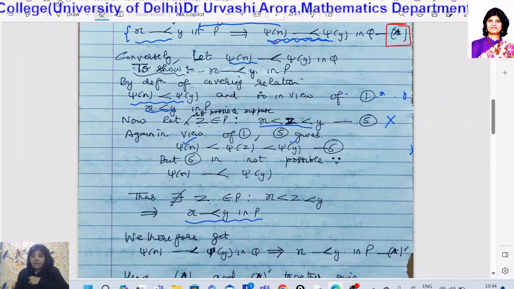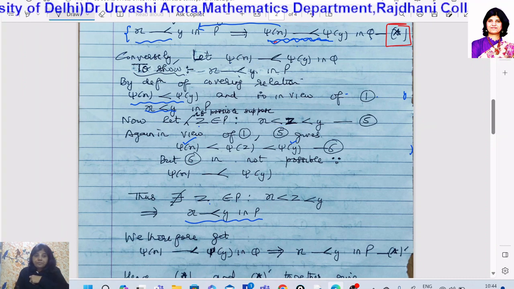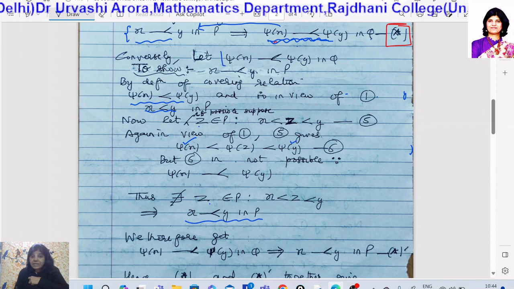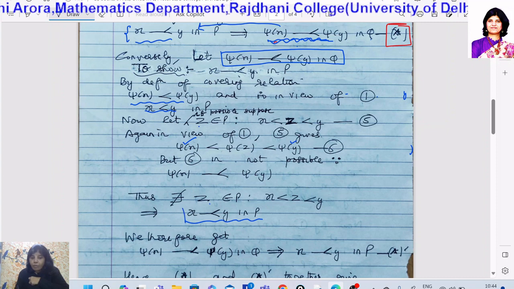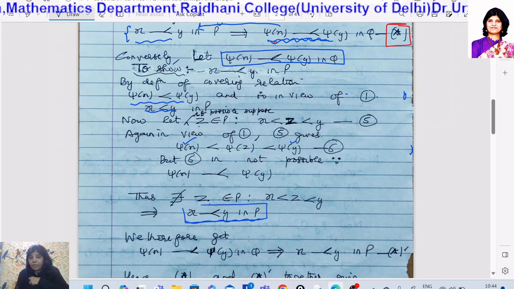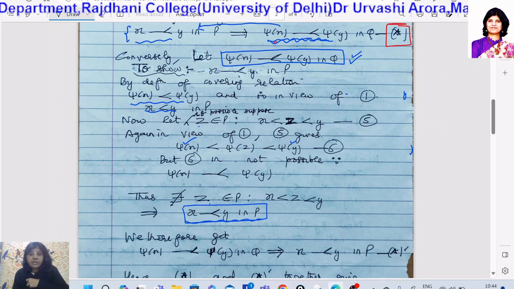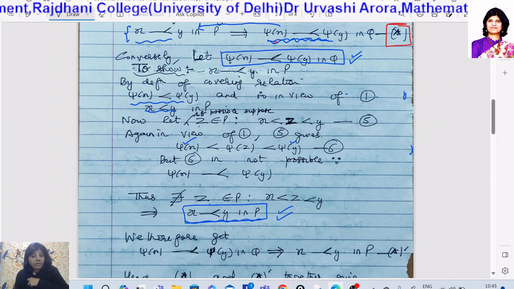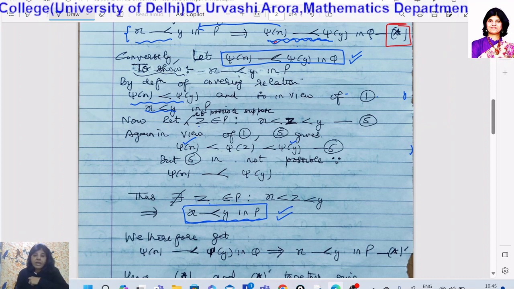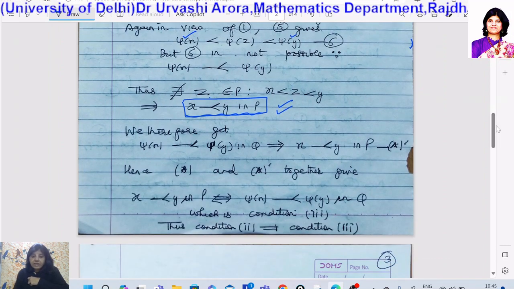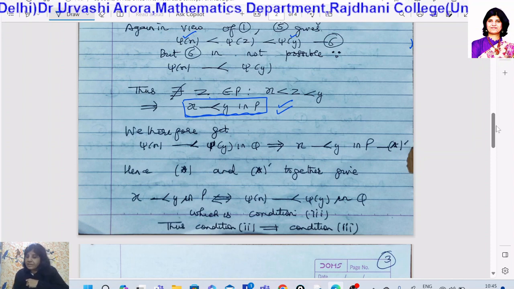What we started with in the converse part was that psi x is covered by psi y in Q. And what we have got in the end is that x is covered by y in P. So whenever the image of x is covered by the image of y, the element x will be covered by element y. So psi x is covered by psi y in Q implies x is covered by y in P.